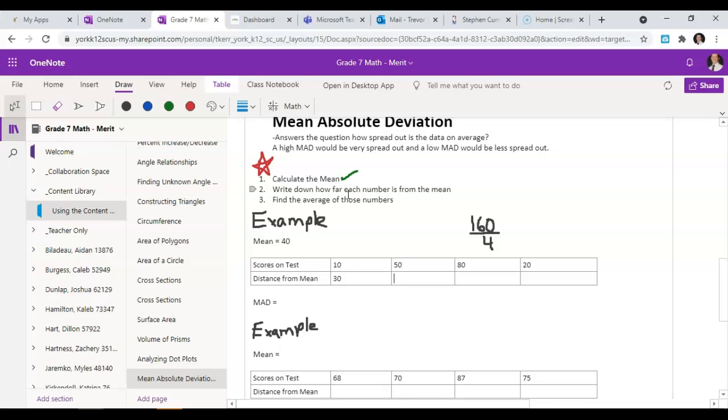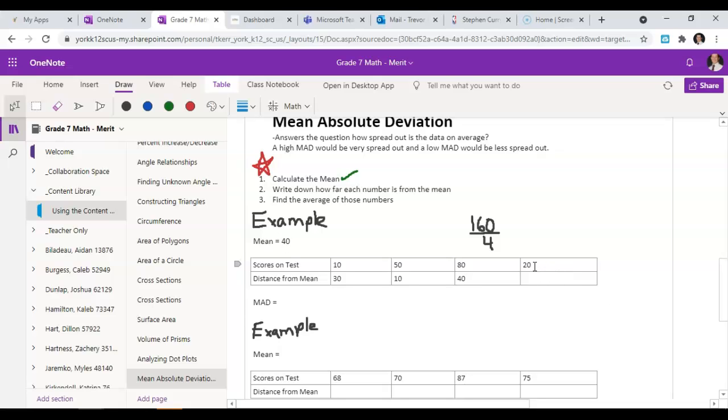Good. The next one was a 50. The question is, how far is that number from 40? I can see that's 10 away. There are 10 spaces between 40 and 50. Next one is 80. How far is 80 away from 40? Well, to go from 40 to 80 would be 40 spaces, so 80 is 40 away from the mean.